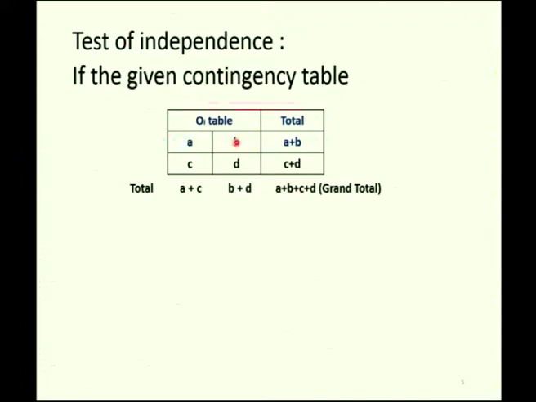Similarly, B is the number of components possessing attribute 1 along row and attribute 2 along columns. Okay. So, when this is formed, this is column total, row total, A plus B, and C plus D is C plus D, and the grand total is total of all totals, A plus B plus C plus D.